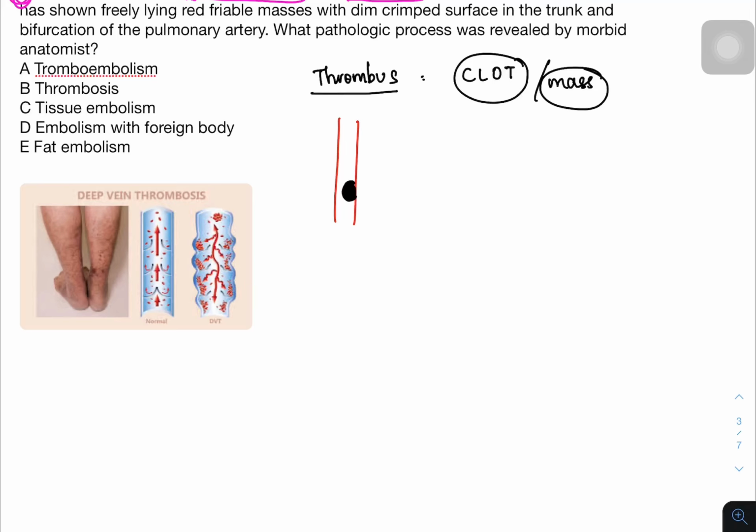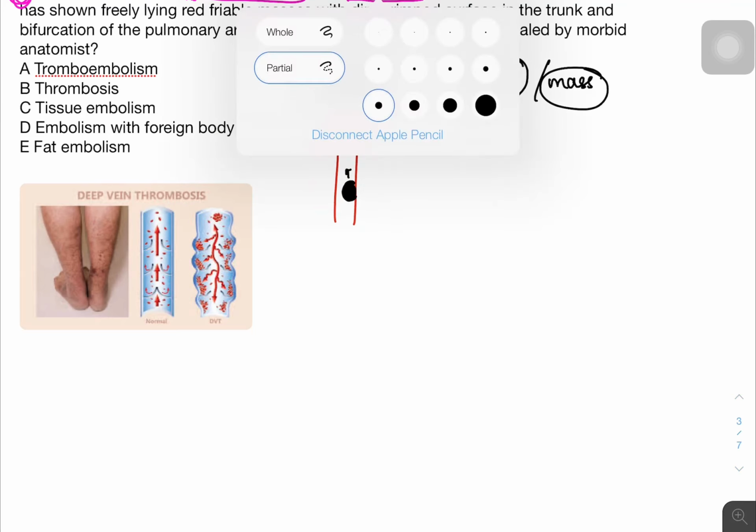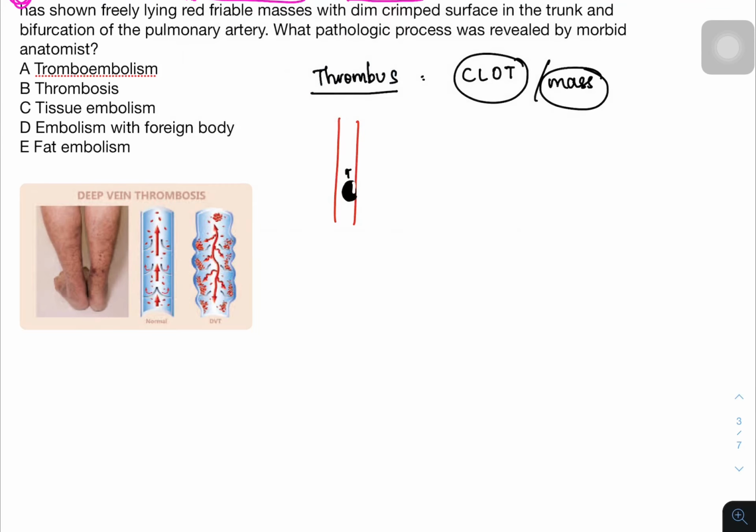For example, if this mass detaches from here and travels all the way in the blood, you call it embolism. So overall, you say the thrombus has undergone embolism.